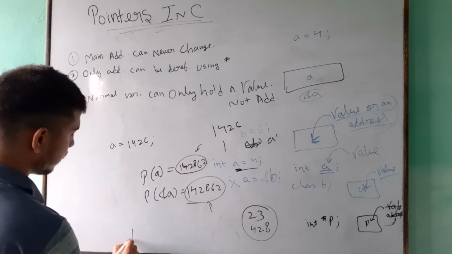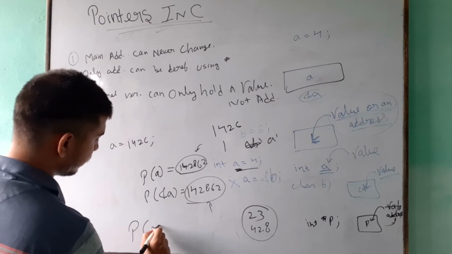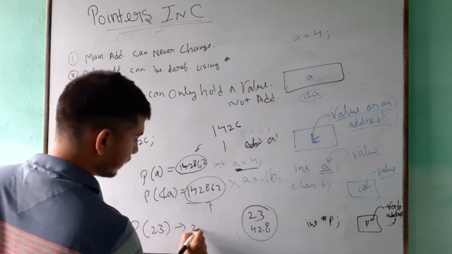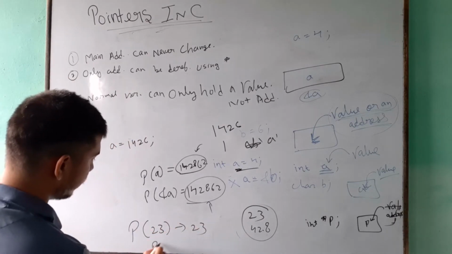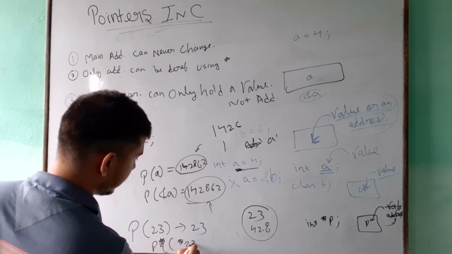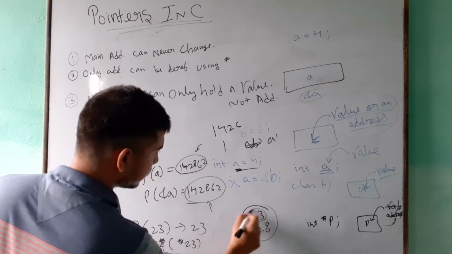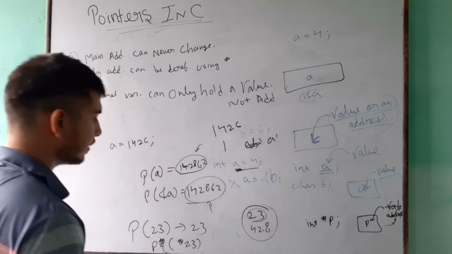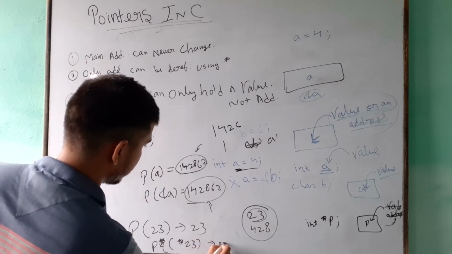So if I write printf of 23, it will give me 23 obviously. If I write printf of asterisk 23, since these constants are always treated as a value, it will give me an error.